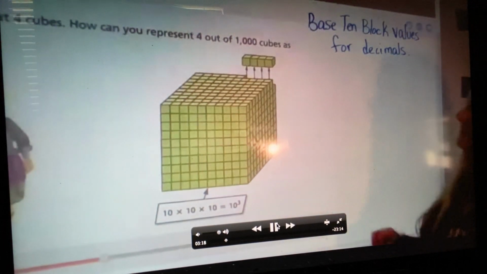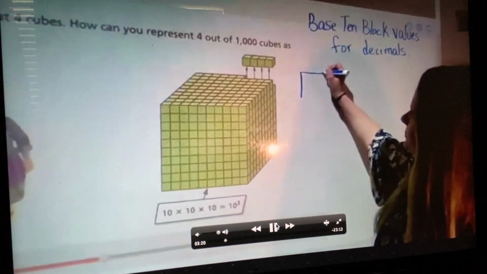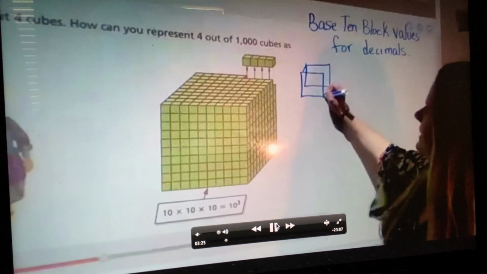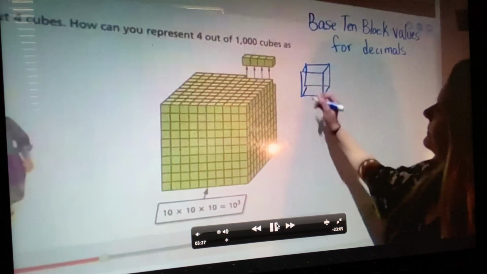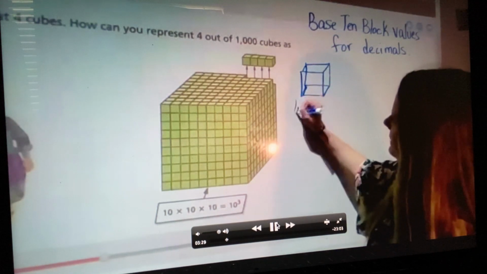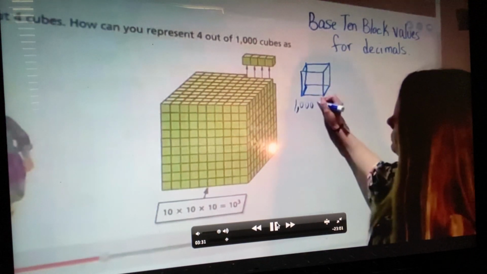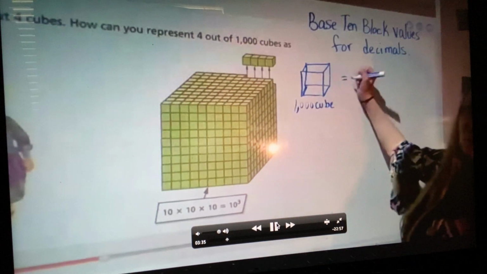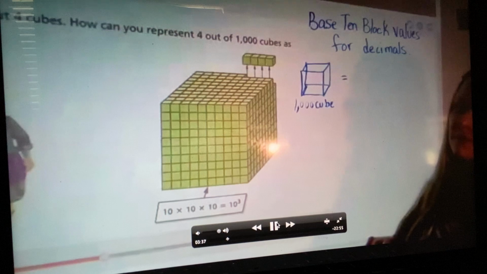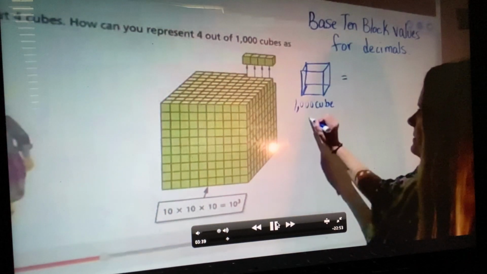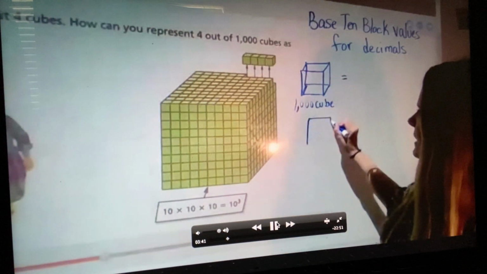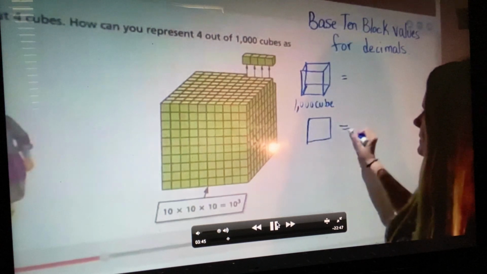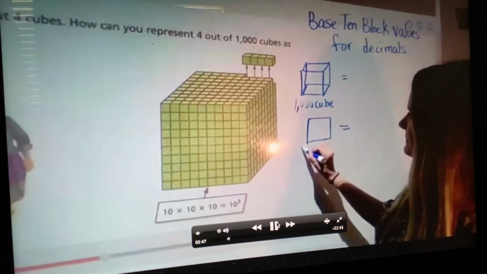Are you ready? A cube. And if I'm going too fast, you can freeze the video. Okay, this is the thousandth cube is going to equal something different. The hundredths, which is also called the flat.